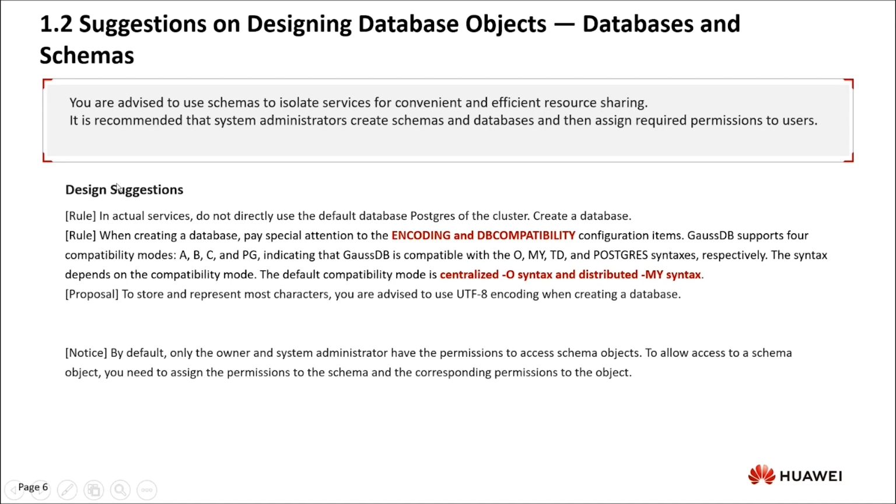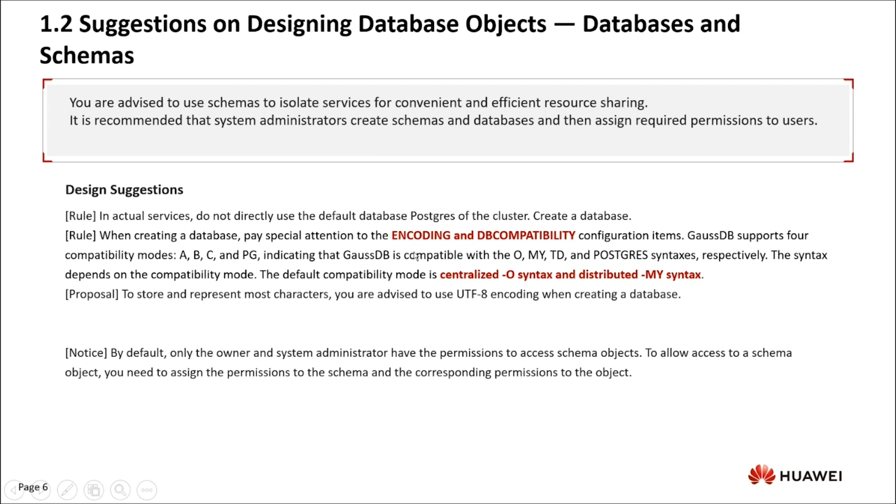The first rule is to create new databases according to requirements, rather than using the default database of the cluster. This is mainly for the convenience of management, because in this way we can intuitively find the corresponding business through the database name. The second one is when creating database, it is important to focus on two configuration items, which is the encoding and compatibility.